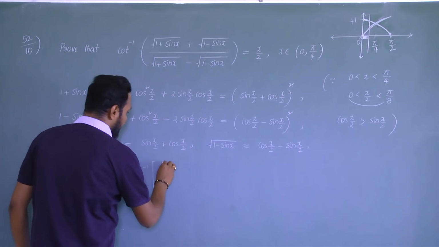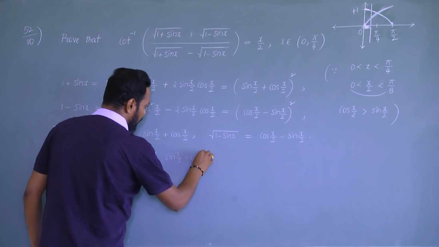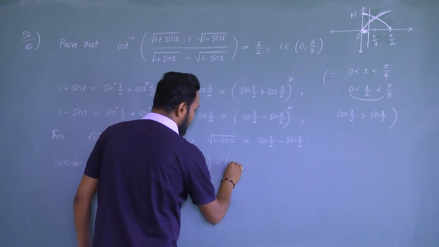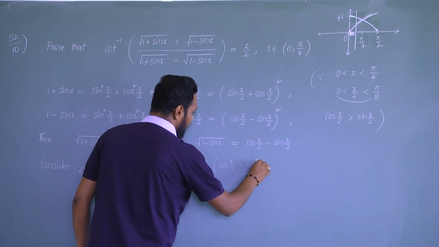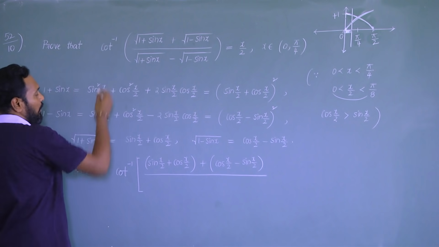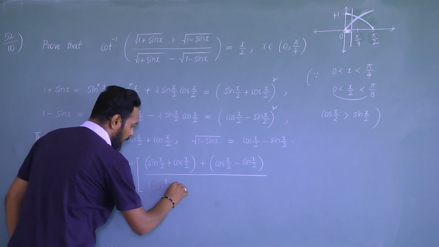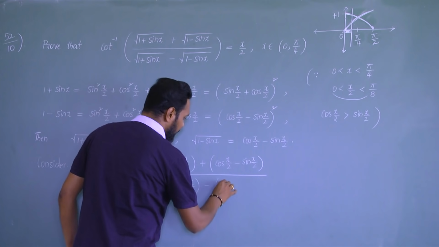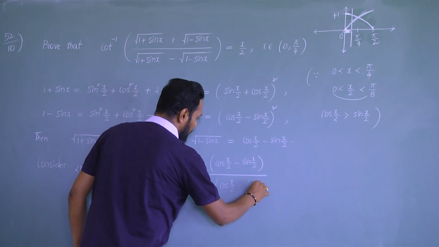Root of 1 plus sin x simplification is sin x by 2 plus cos x by 2, plus 1 minus sin x simplification is cos x by 2 minus sin x by 2, divided by root of 1 plus sin x simplification, sin x by 2 plus cos x by 2, minus cos x by 2 minus sin x by 2.